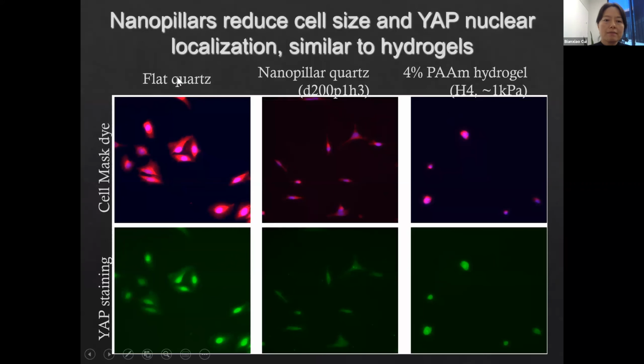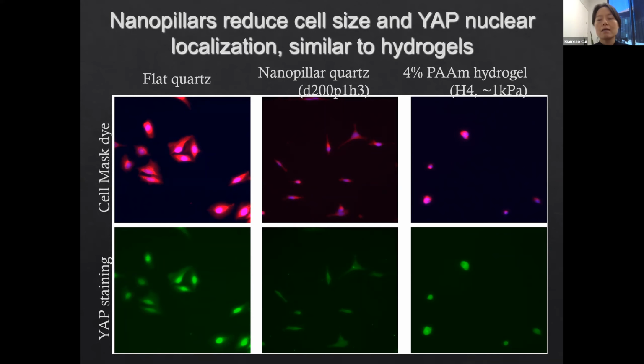You can see that on the flat substrate, first of all, the cells are significantly larger than the cells on nanopillars or on hydrogels. If you look at the YAP staining, on the flat substrate YAP is mostly in the nucleus, while on the nanopillars or hydrogels YAP is more or less uniformly distributed, not only in the nucleus but also in the cytosol, which is a result of the cell's mechanobiology.